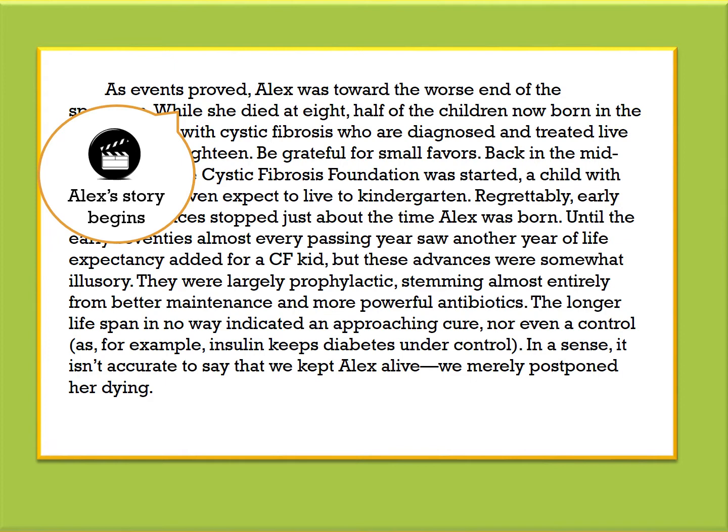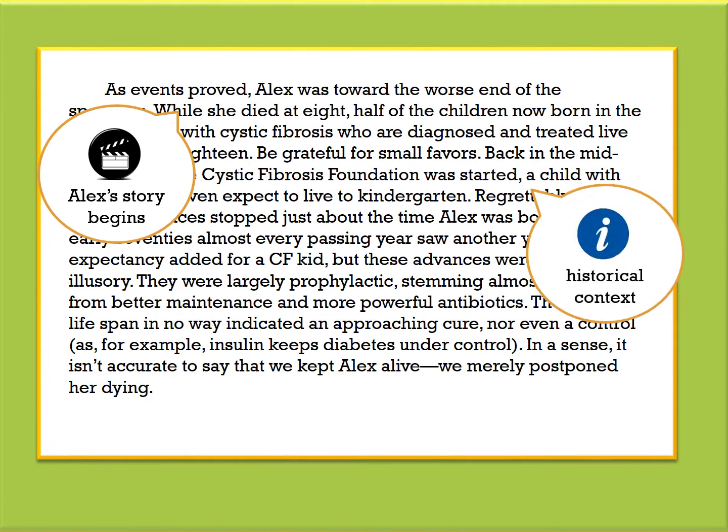When she died at 8, half the children now born in the States with cystic fibrosis who are diagnosed and treated live until 18. So she died at 8, but the children who were born with CF at the time of her death have a much longer life expectancy, at least at the time of his writing of this essay.